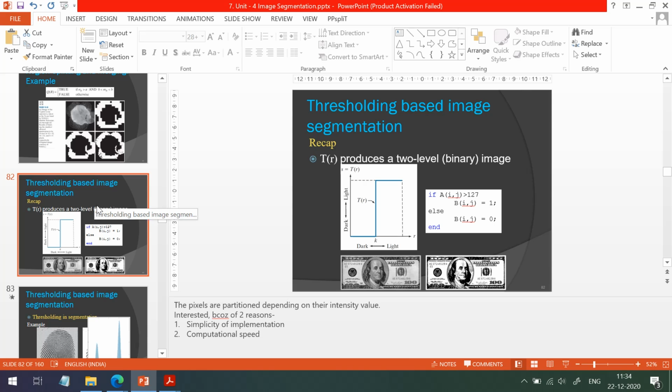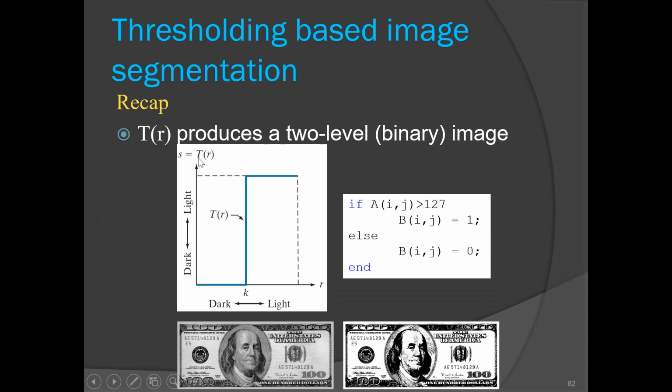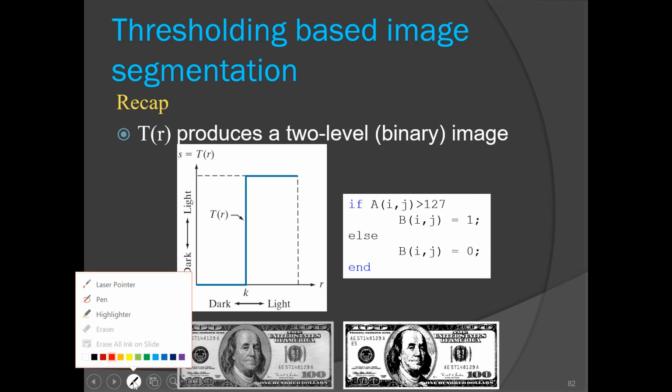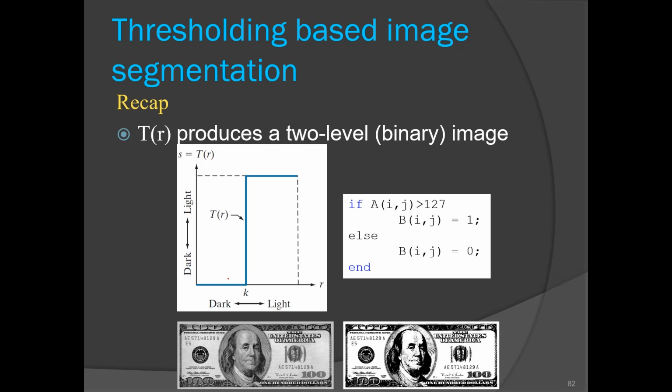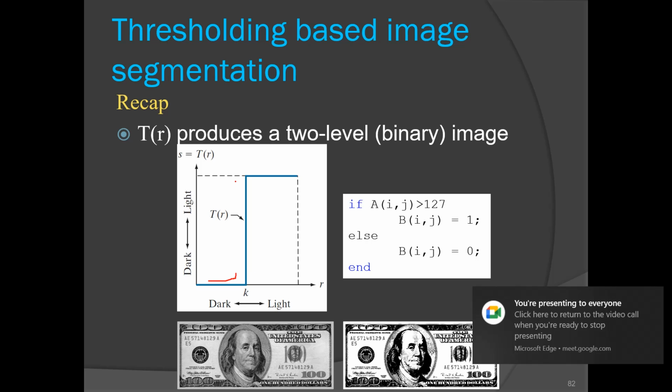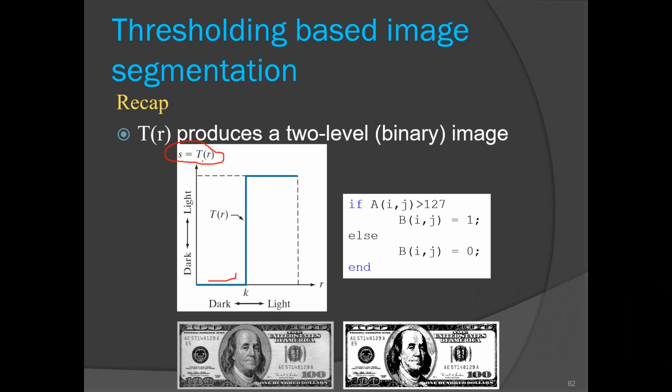Okay, so we know that after applying the thresholding operation we get a binary image because its transformation function is like this. We are familiar with this notation S = T(r). T is our transformation function, r is the intensity level in the input image, and S is the intensity level in the output image. So on the x-axis we have the intensity levels of the input image represented by r, and on the y-axis we have S, the intensity levels of the output image.